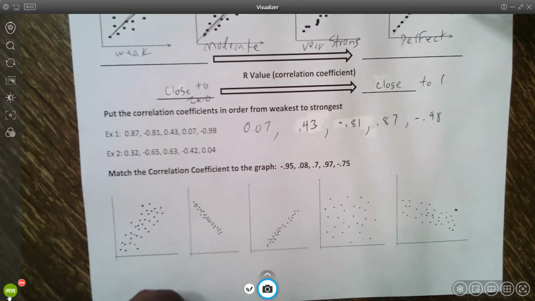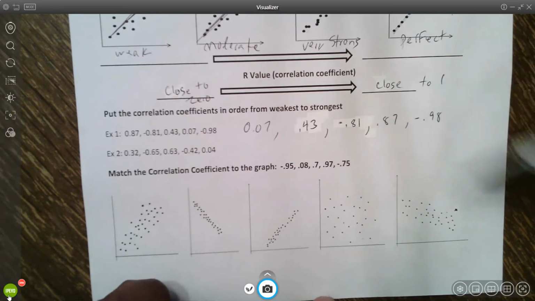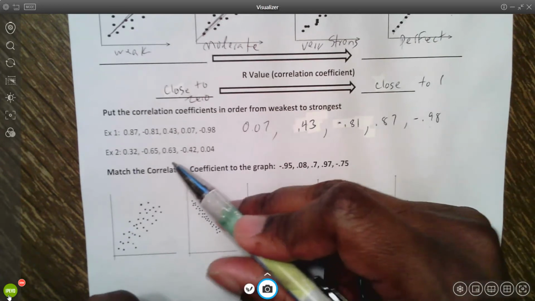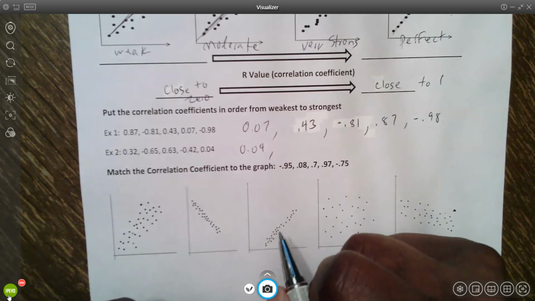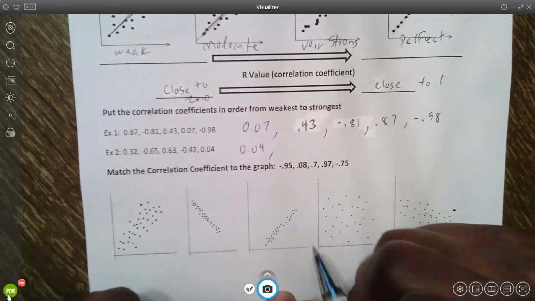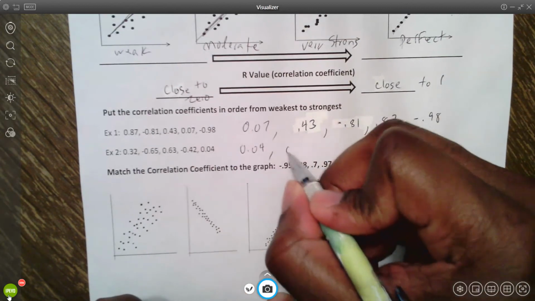Keep in mind, you think about the absolute value of these numbers. So not the negative signs on them, but the absolute value after you drop the negative signs off. So in the second list, the smallest number is clearly 0.04. So that's the weakest correlation, basically no correlation at all. The next number up from there is 0.32.